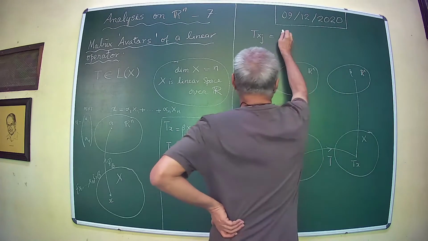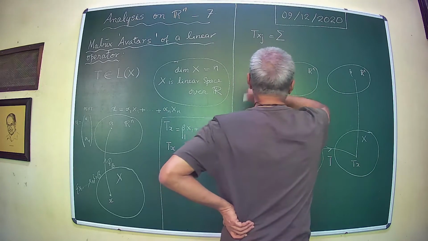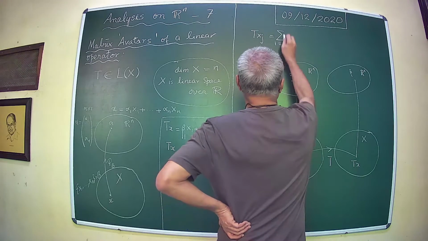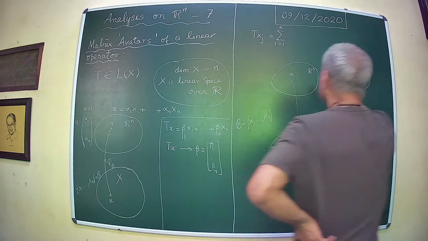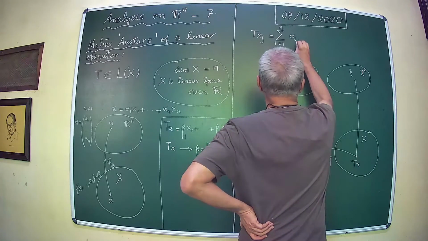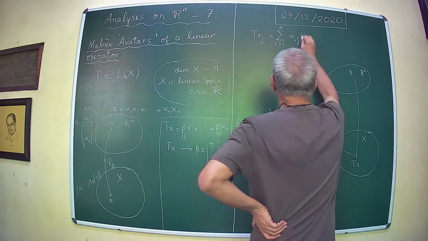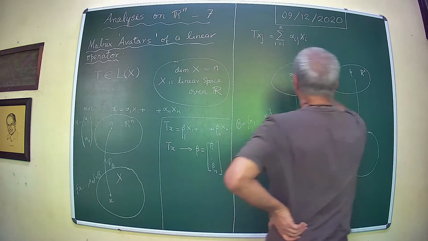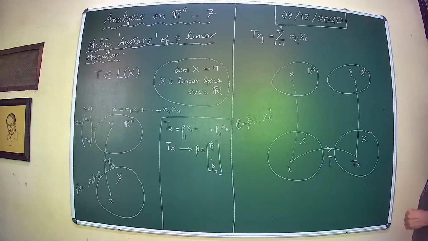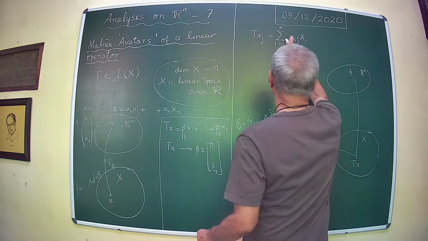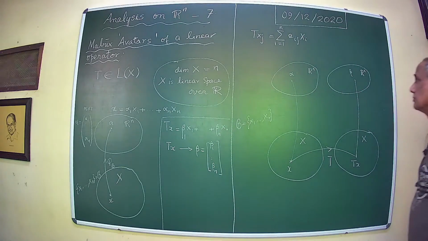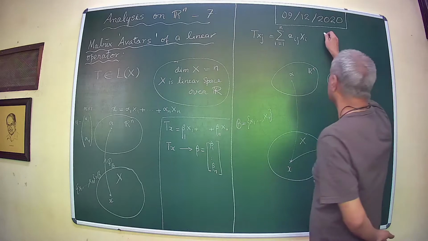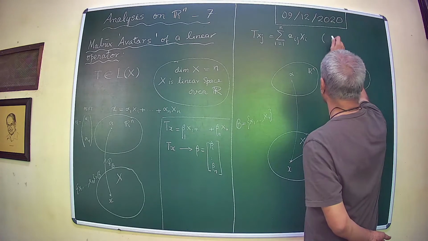So this I write as the sum over i equal to 1 to n of a_ij x_i, for j running from 1 to n.